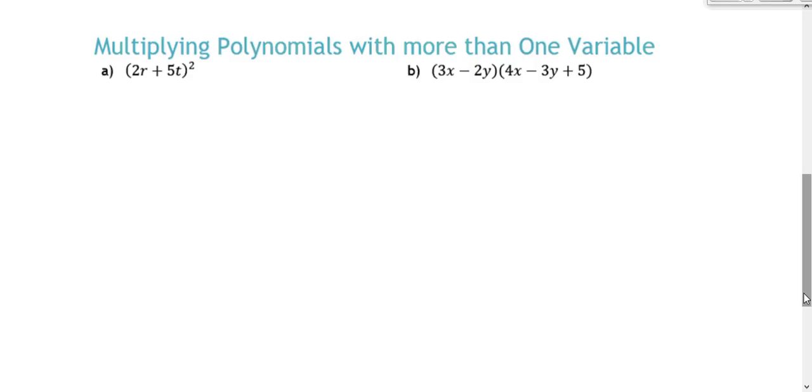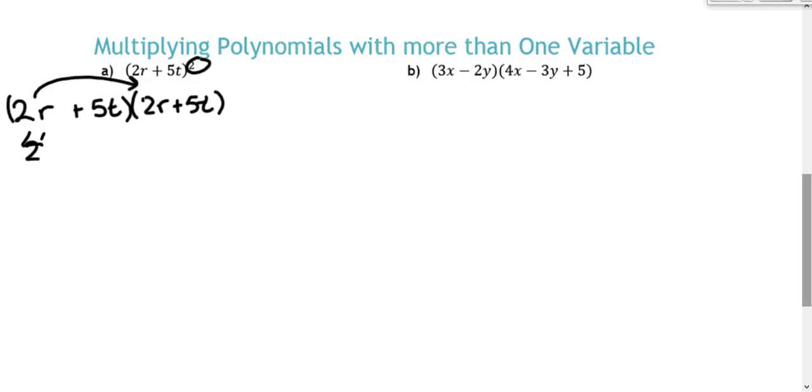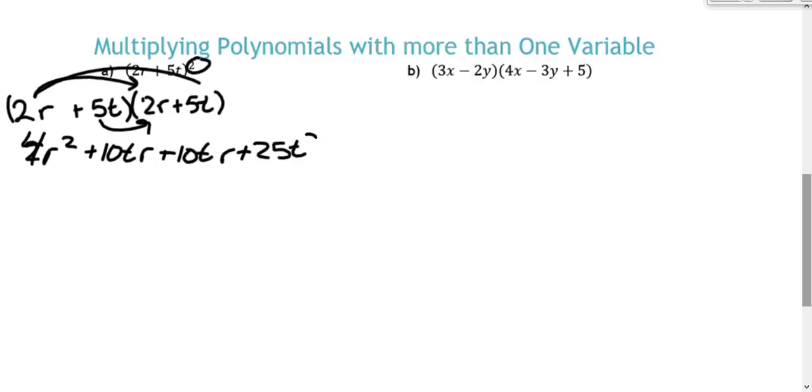Okay, let's look at this one. This is 2r plus 5t all to the power of 2. All that indicates is that we have 2 of them. Now this is a binomial multiplied by binomial, so we can use our FOILing term. So F first, we get 4r squared, and then outsides we get plus 10tr plus 10tr plus 25t squared.